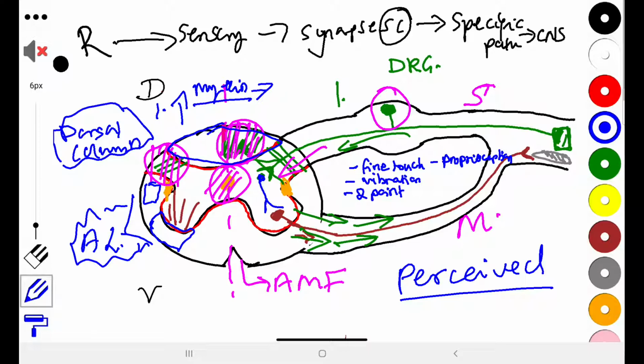The anterior lateral component carries sensations such as crude touch. When we're talking about crude touch, we're talking about a very rough type of touch that is not very precise. Someone would say, you touched me somewhere there. Then we're also talking about pain. In as much as you're feeling pain, you can't literally point to exactly where it's coming from.